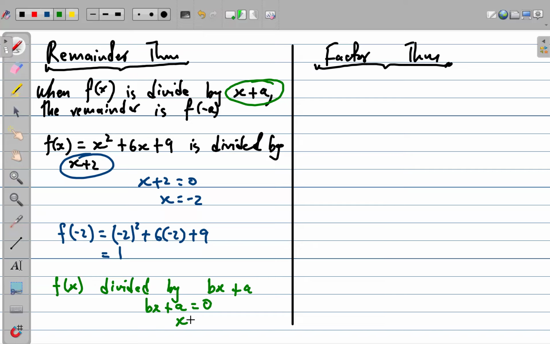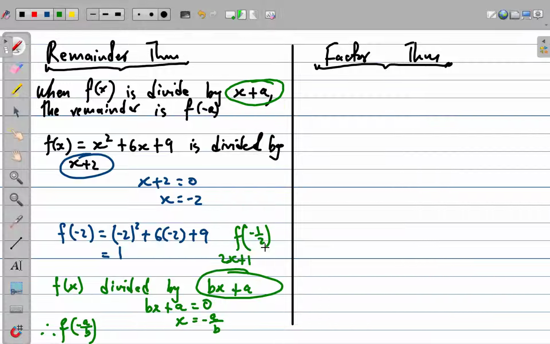So I hope you notice that if I solve for x, then I have a negative a over b. And in this case, then, the remainder will be f of negative a over b. So for example, I could give you 2x plus 1. So if I give you 2x plus 1, it means f of negative 1 over 2 will be the remainder.